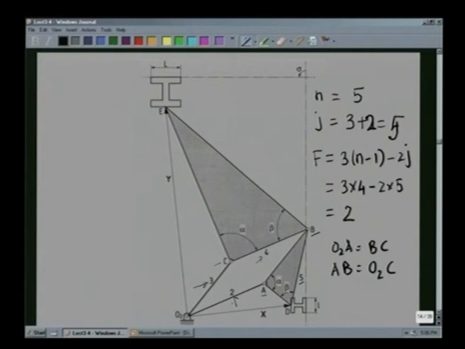Not only that, the triangle ABD and the triangle BCE are similar, as indicated by this angle alpha being the same as this angle alpha and this angle beta being the same as this angle beta. So, these two triangles, namely BCE and ABD, are similar.